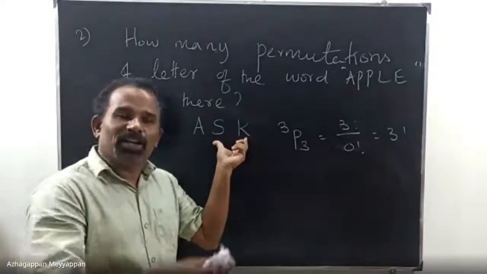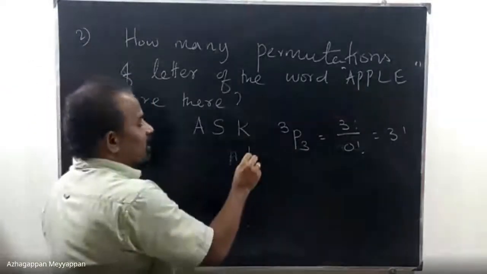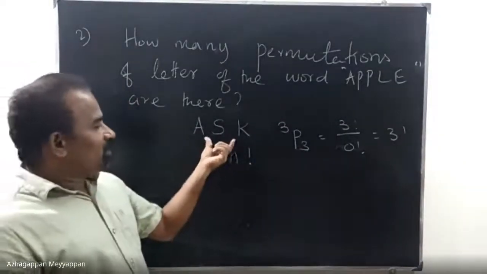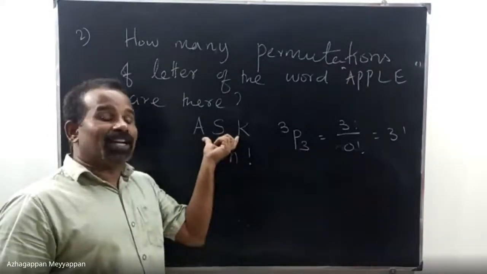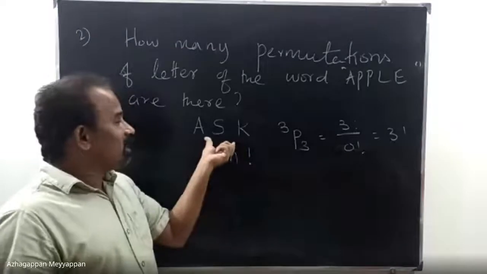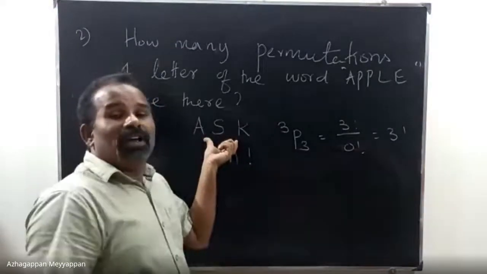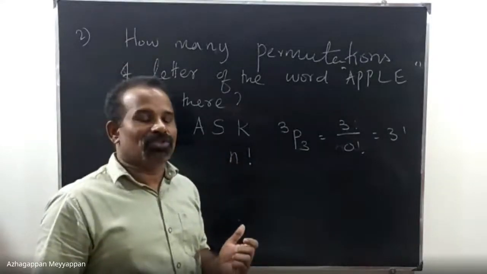Then the number of possible ways is, generally, n factorial. If it is 3 letters, 3 factorial. If it is 4 distinct letters, 4 factorial. The reason is we are arranging all the letters out of the letters we have. Understood? So therefore n factorial.